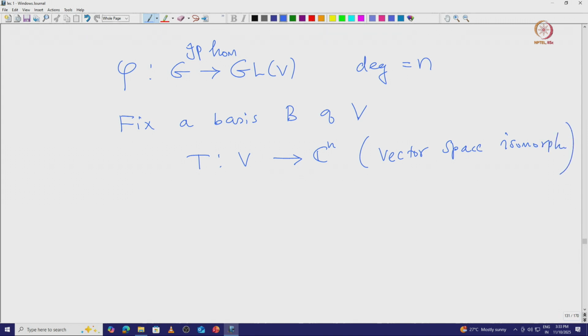Now, it is exactly saying that we have fixed a coordinate system, but when we fix the coordinate system we do not want to treat this representation space differently. Using this vector space isomorphism from V to C n, we will be able to define an action of G on C n via this phi.